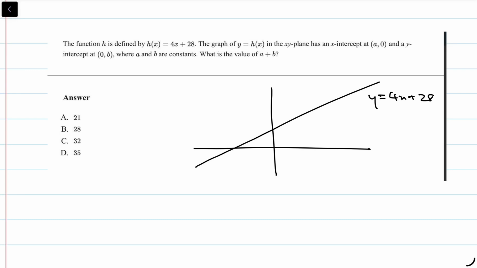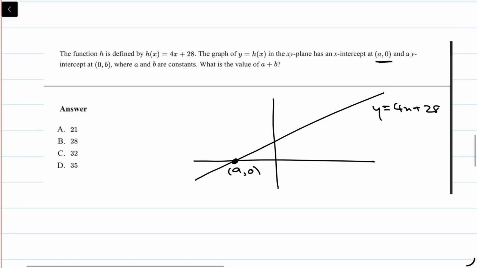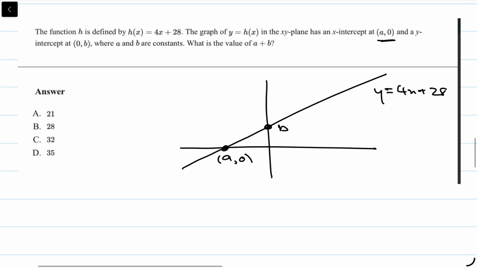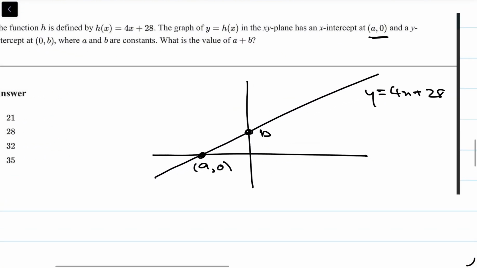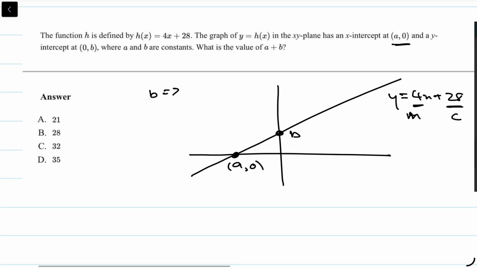Our x-intercept is where y equals 0, so this is going to be a, and our y-intercept is at b. What we know is that the y-intercept is 28 from this, and the gradient is 4. So we know that b equals 28.